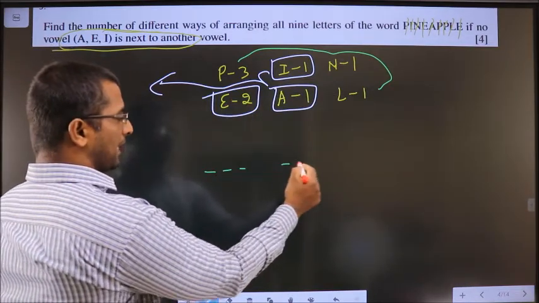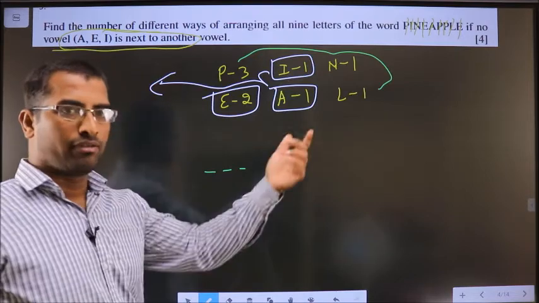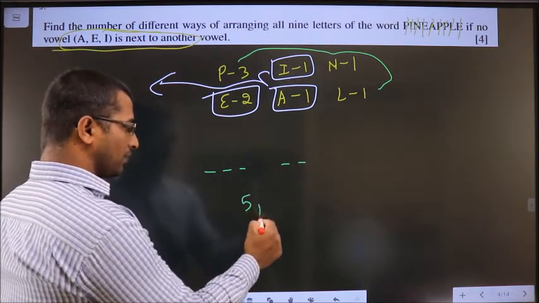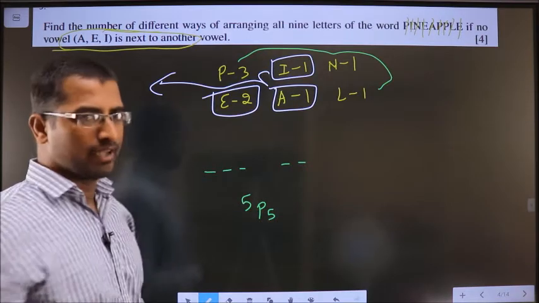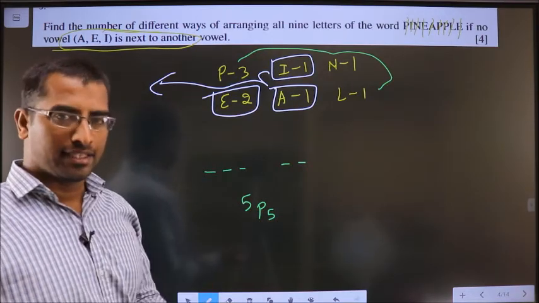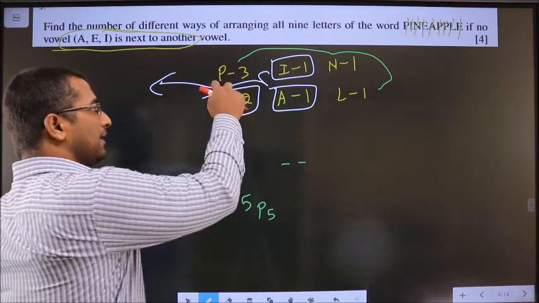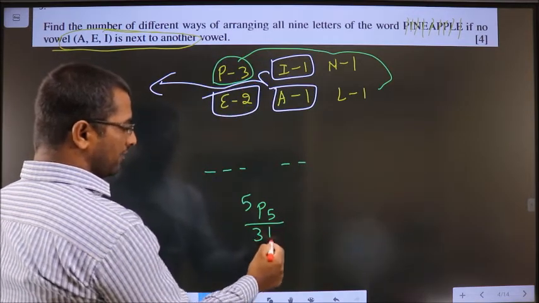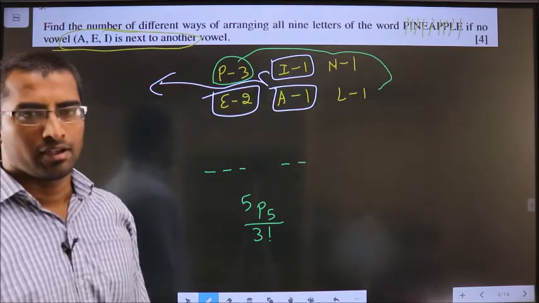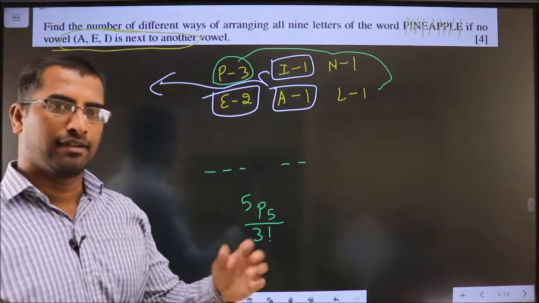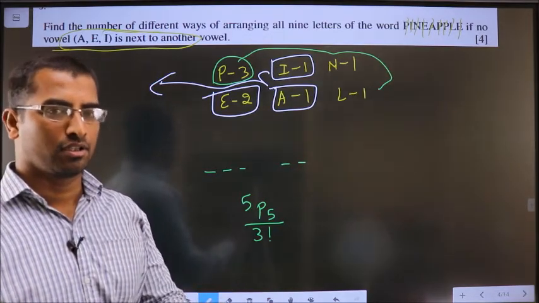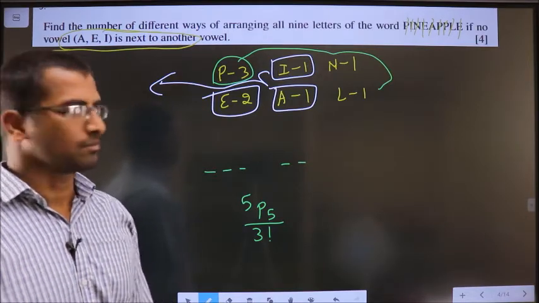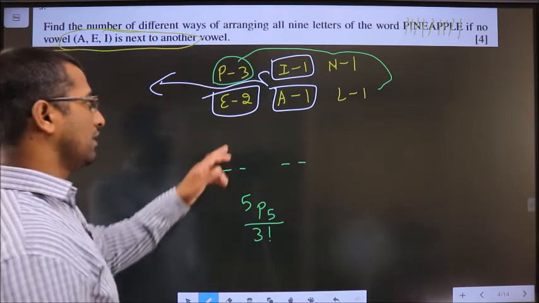So put 5 blanks. 5 letters, 5 blanks can be arranged in 5P5 ways. In these 5 letters, these 3 P are identical. So I should divide it by 3 factorial. Letters that are identical, they will not specify, you should remember that.